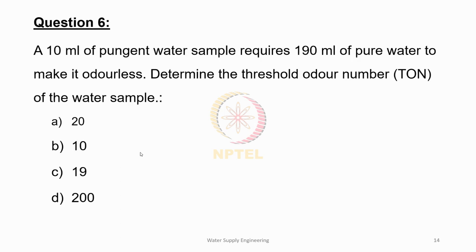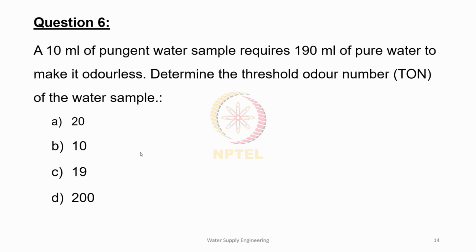Now, moving on to the sixth question. A 10 ml of pungent water sample requires 190 ml of pure water to make it odorless. Determine the threshold odor number of the water sample. Option A 20, option B 10, option C 19, option D 200.